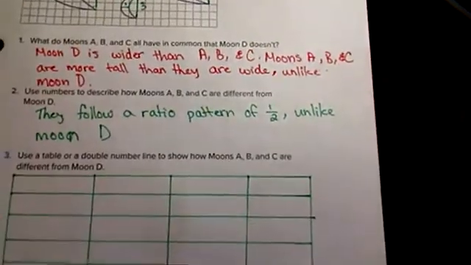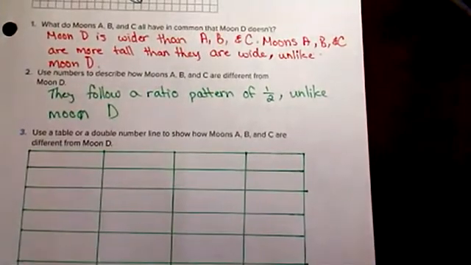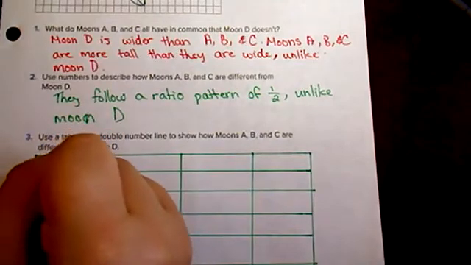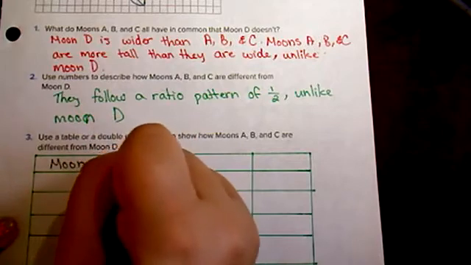Right, and then I'm just going to switch colors. So that way I can see my labels a little bit better. So I'm going to start my first row as my moon. My second row, I'm going to do the widest part.